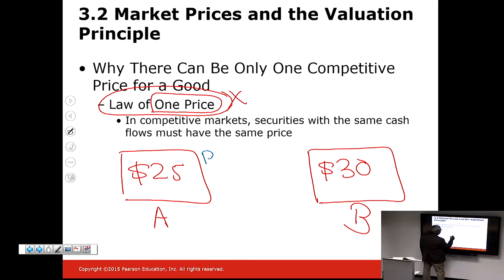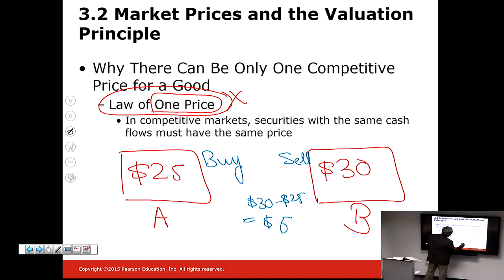We can buy this good over here and sell the same good in location B. So we're going to receive $30. That's our benefit. We are going to buy it at $25 and make a profit of $5. That profit of $5 can be described as what we call arbitrage profit.